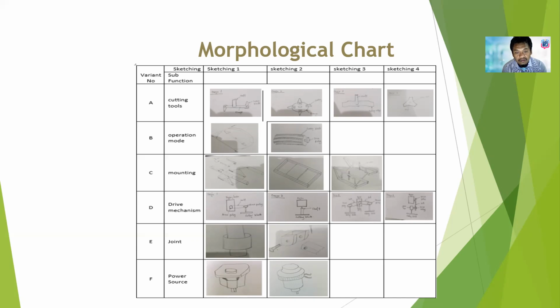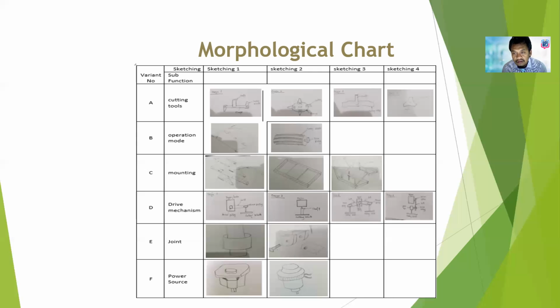The first sketch is the cutting tools operated by using a belt. The second sketch is the cutting tools operated directly from the rotation of the engine. The idea for sketch number 3 has 2 cutting tools controlled by one engine.